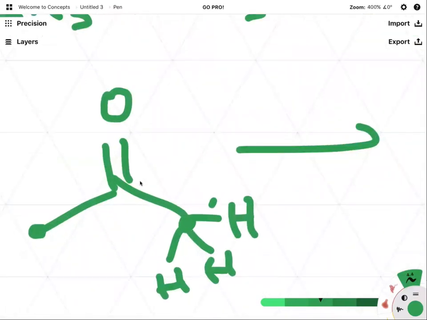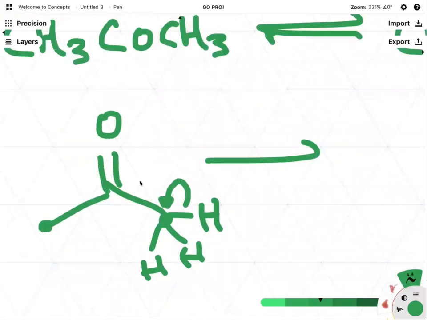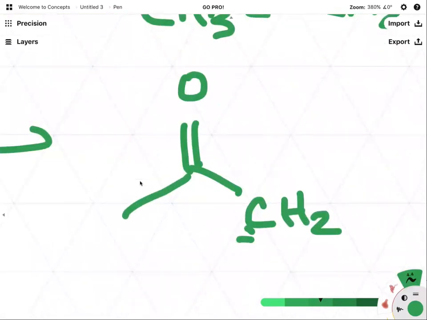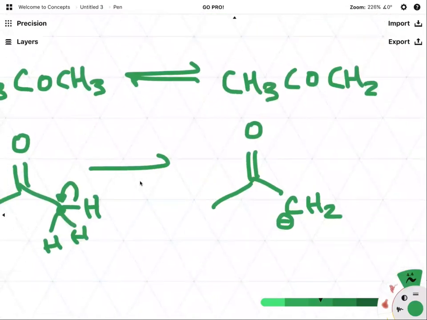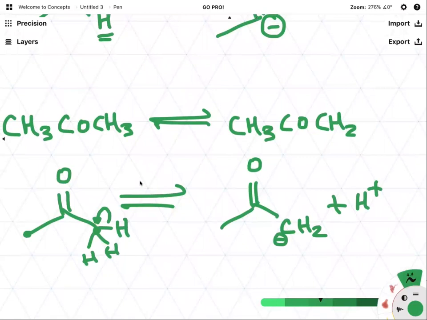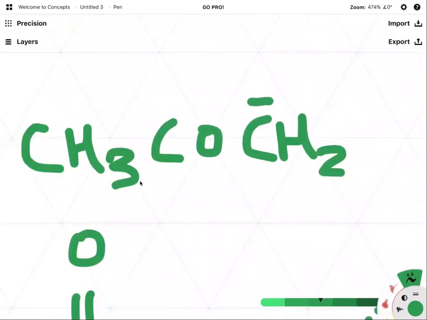So those electrons are going to go onto that carbon right there. So we're going to have something that looks like this, with a negative charge on that carbon, plus H plus. So the carbon that's going to have a charge on it, if we wrote it out here, would be this carbon right there.